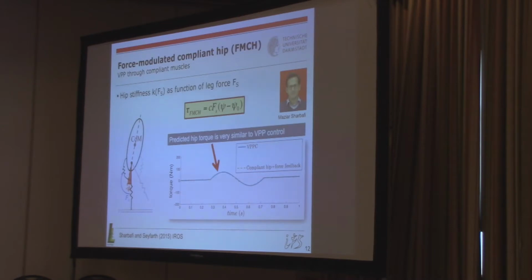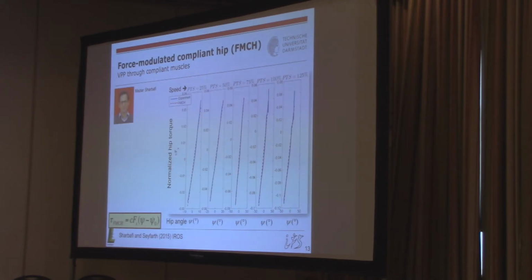Okay, and then we developed this biomechanical template model based on the VPP concept, which is force modulated compliant leg. We consider a spring here and use the ground reaction force to tune the stiffness of this spring. With that, we can precisely predict hip torque in humans in VPP. If we look at human data, it's very surprising that if you divide hip torque by leg force, you can see a kind of linear relationship at different speeds.